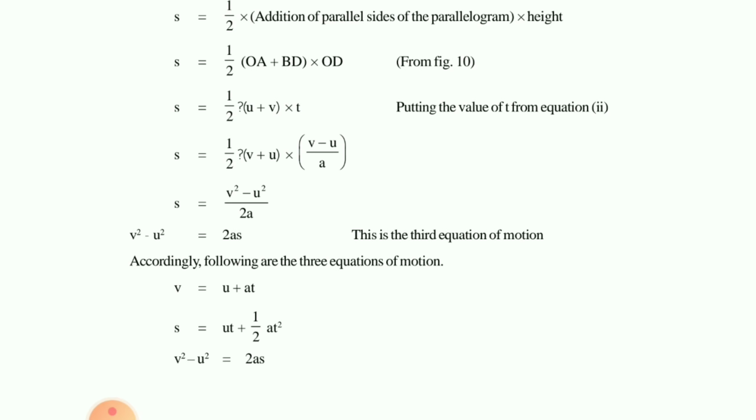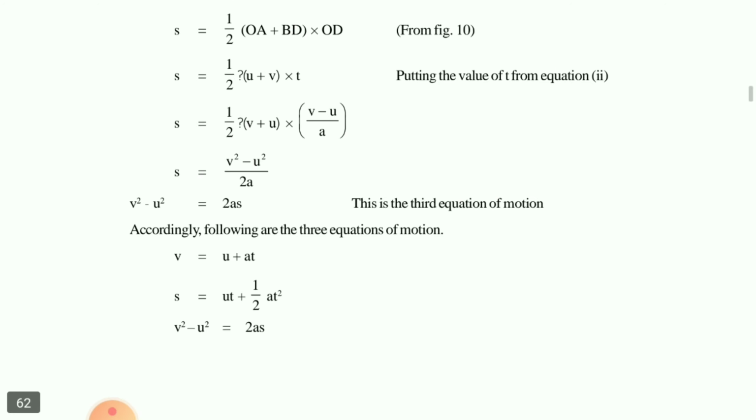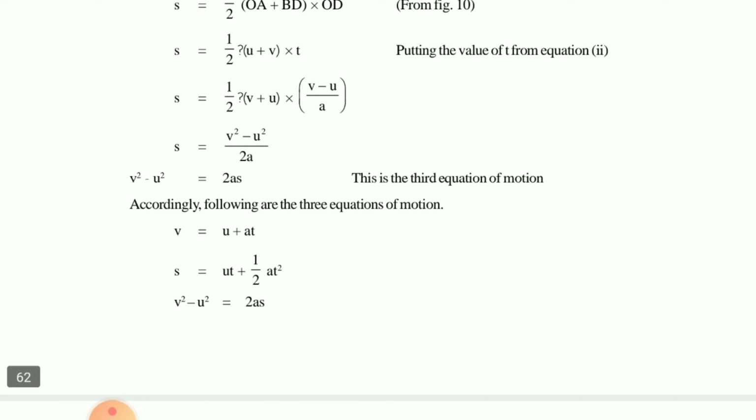After that what we had done children, half into V plus U into V minus U upon A, that is the value of t. Okay children. Then what we had done, V square minus U square upon 2A. This half and 2 will be multiplied directly and it will be written. And you will get the equation V square minus U square equals 2AS.